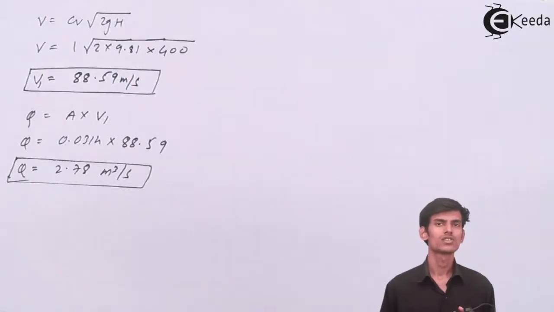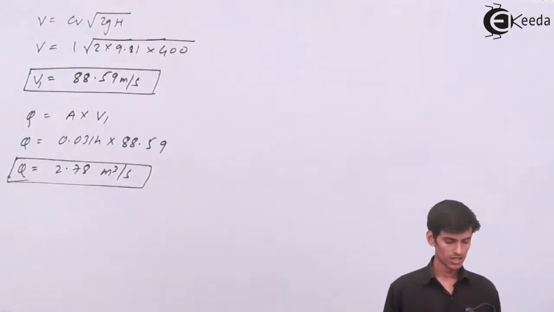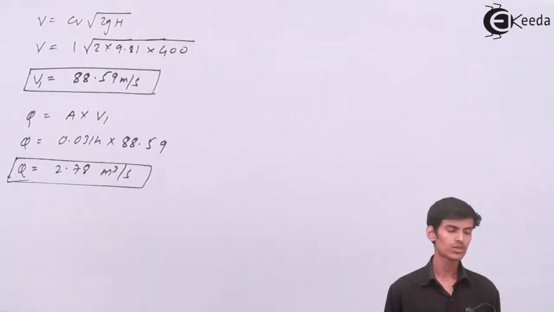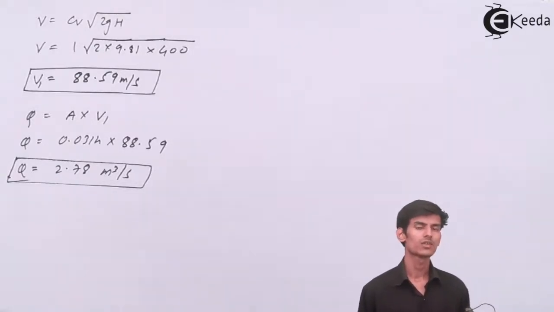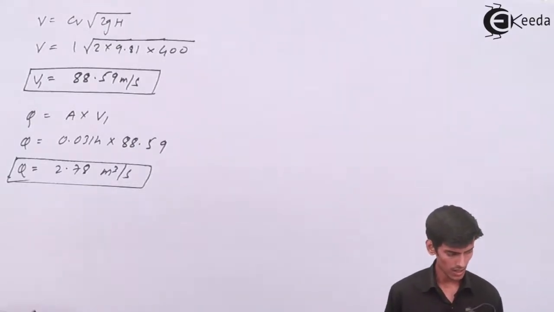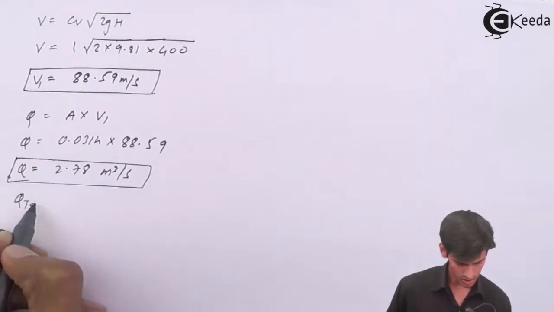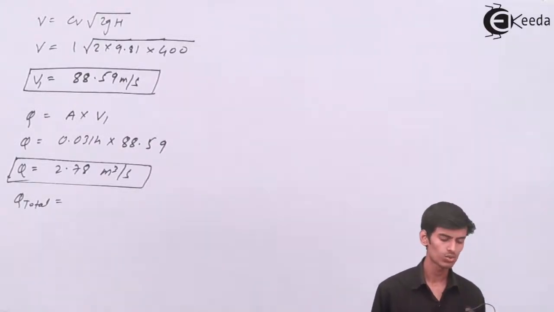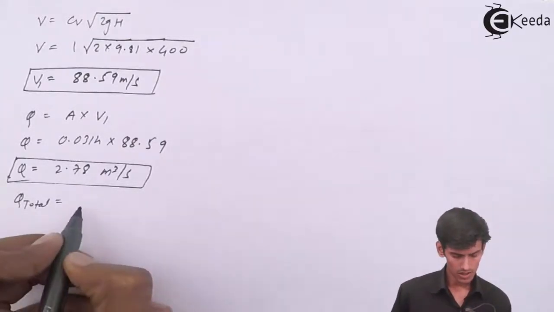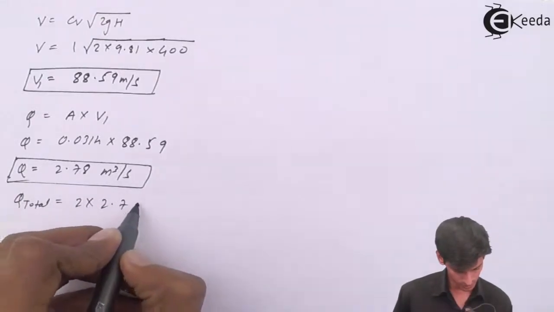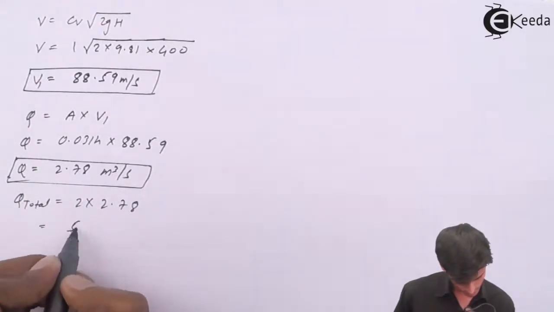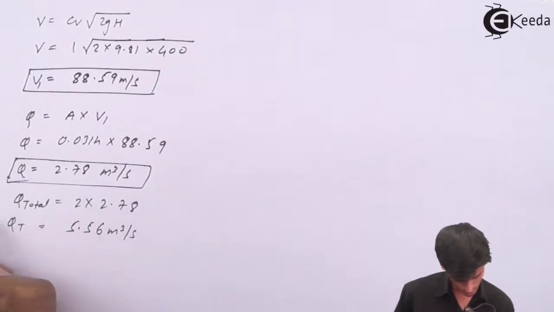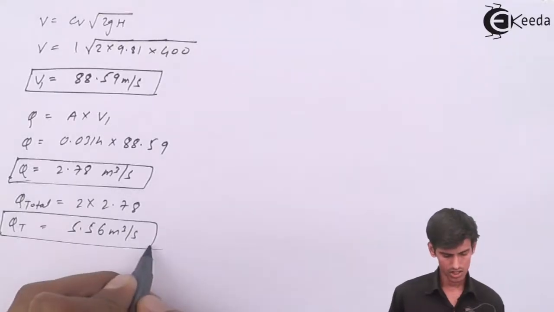This is the discharge that we get through a single jet. Read the question carefully. There are two jets striking the bucket. So the net total discharge is 2 times this value, because this is the discharge from a single jet. There are two jets, so you have to multiply it by 2. This is Q total, the total discharge we have got.